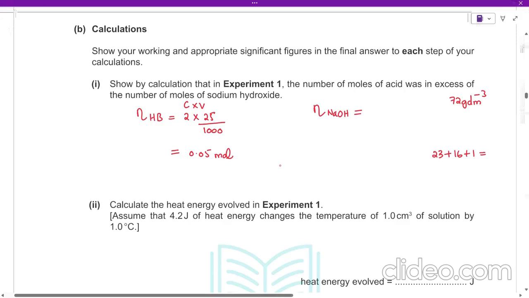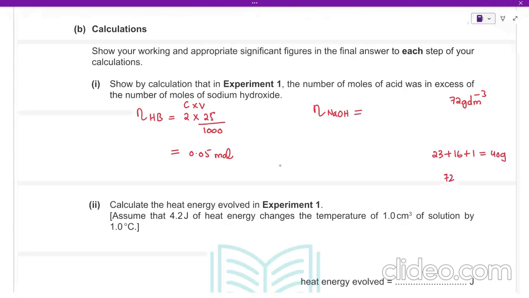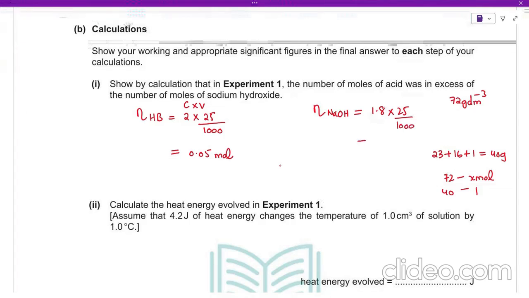I have written 55 by mistake. Now let's see how many moles are 72 grams. 72 grams is equal to x moles, while 40 is equal to 1. So 72 divided by 40 is 1.8 mol. So its concentration becomes 1.8 mol per dm cube, and then the volume divided by 1000. Let's calculate this: 25 divided by 1000 times 1.8.